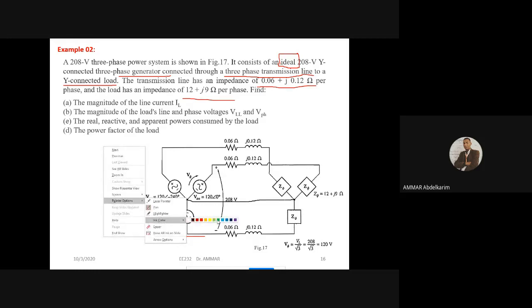Then we take one of these phases, starting from here, passing through the transmission line, then through the load, then returning with the neutral here.